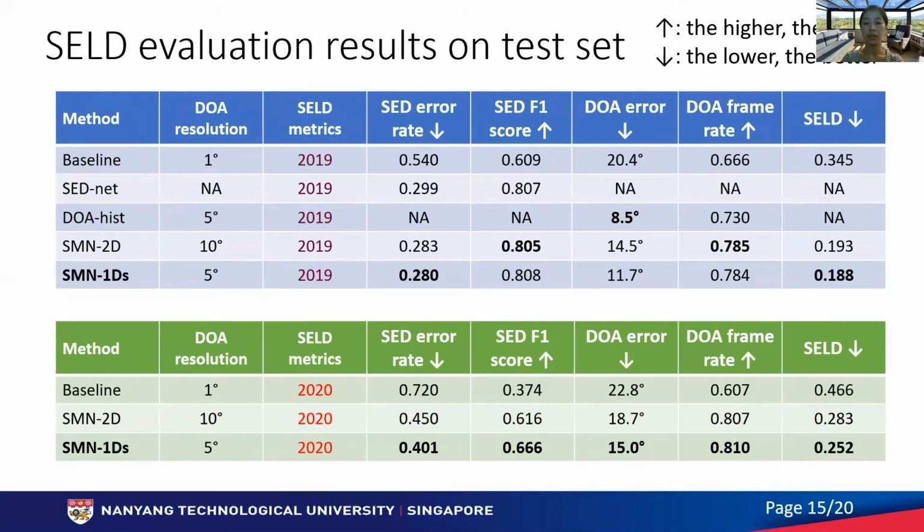One obvious reason is because the SMN2D only used lower DOA resolution. Other measures for the two SMN models are almost the same. The SMN models have higher DOA error but higher frame recall compared to the standalone DOA estimator.